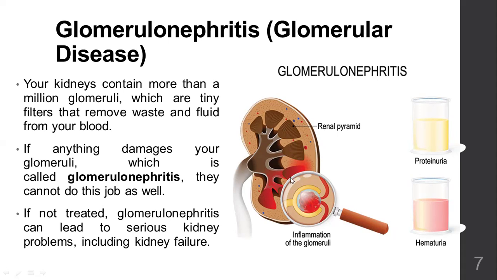So your kidneys contain more than 1 million glomeruli, which are tiny filters. This is where the filtration takes place. The renal artery that enters the Bowman's capsule is bringing oxygen as well as all the toxic waste from all over the body.